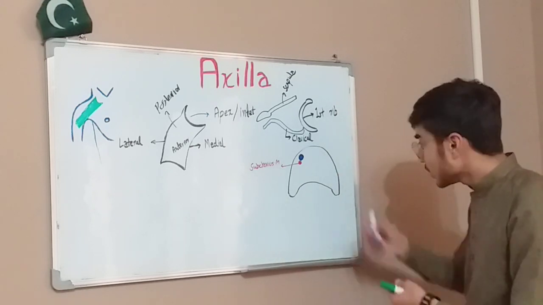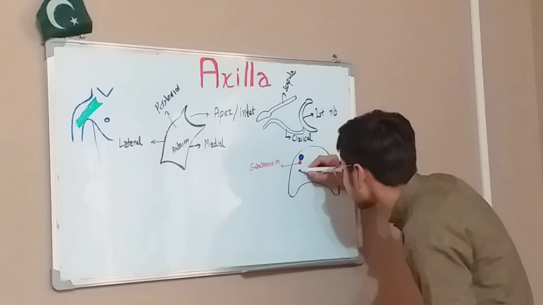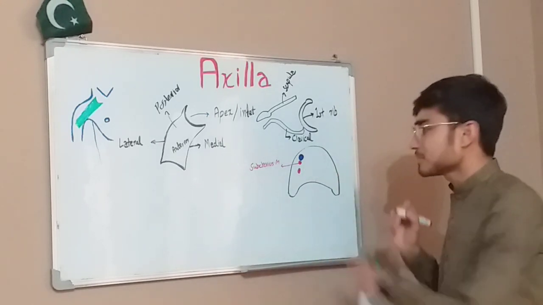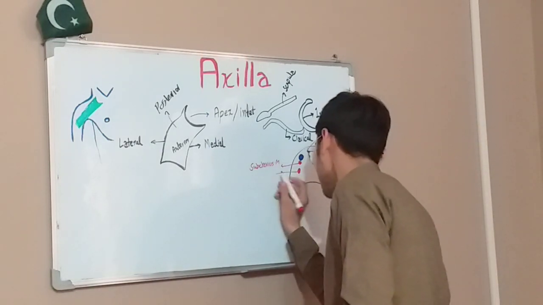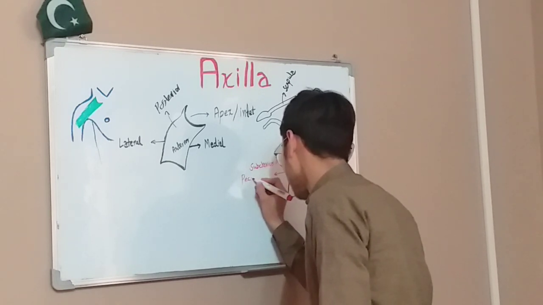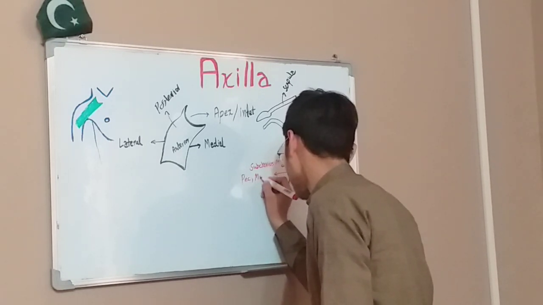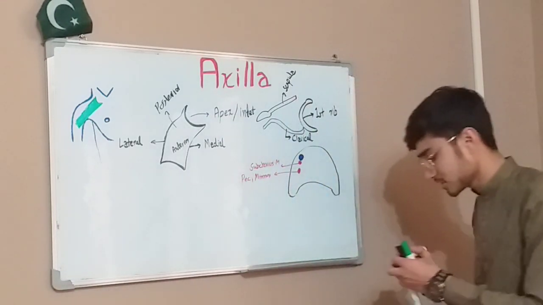And below the subclavius muscle, we have another muscle, and this very muscle is called the pectoralis minor muscle.